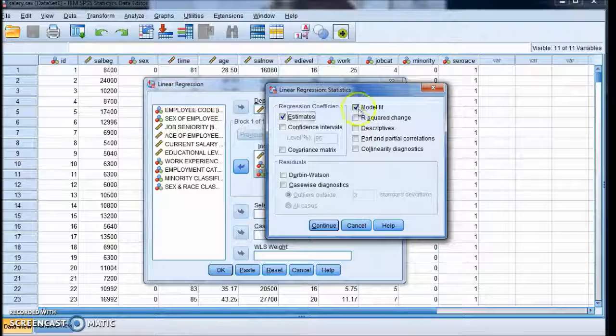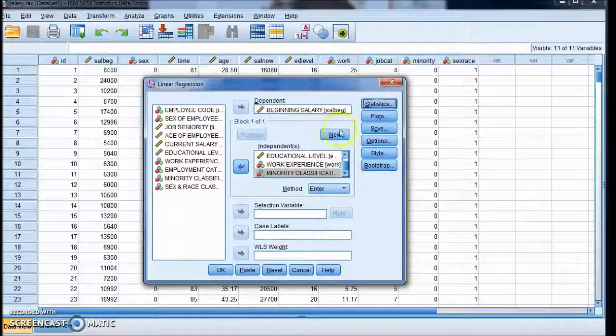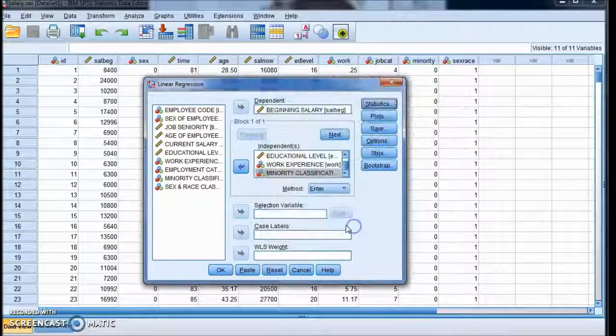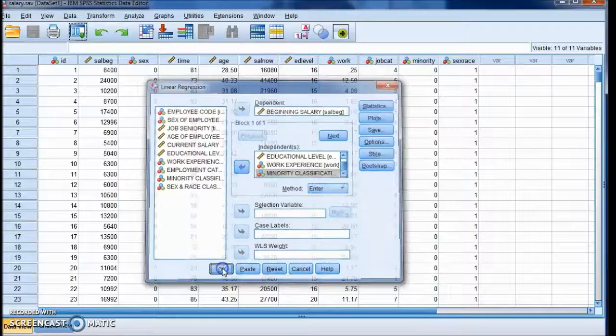So make sure that you have that box checked. Continue. So again, I went to statistics and model fit and then continued. And then other than that, that's all I really needed to add to this. You don't need to worry about any of the other things here. Those are more complicated ways of doing this. And so I run OK.